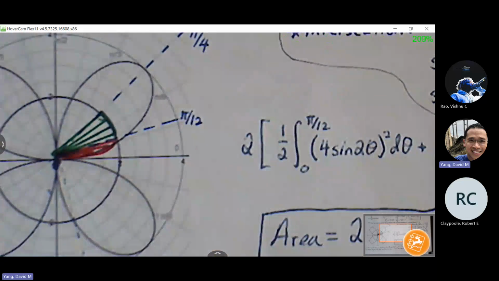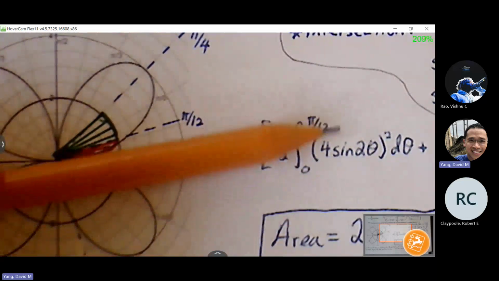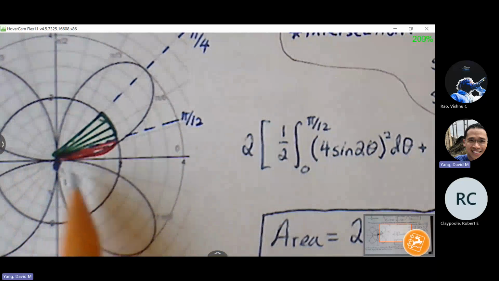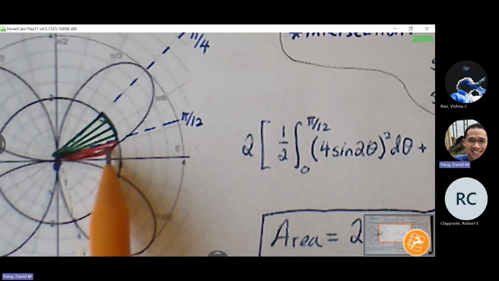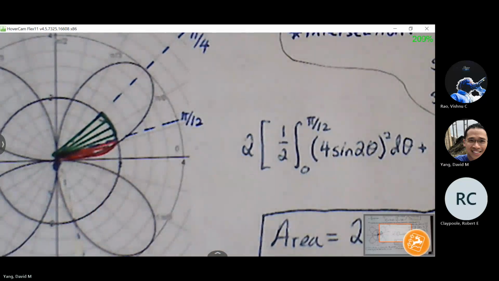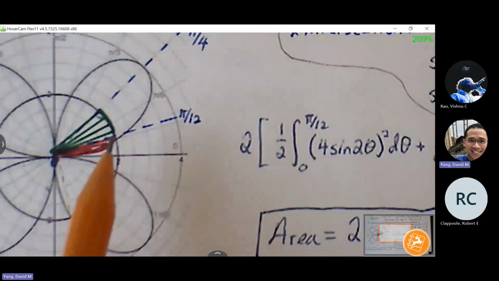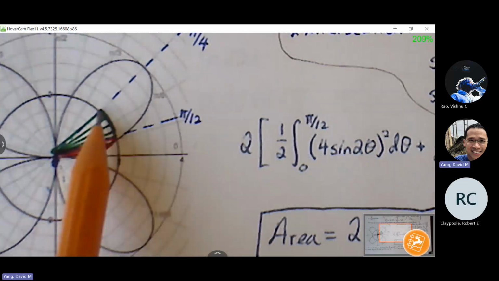That means from 0 until pi over 12, we're hitting the petal, the rose curve. And then from pi over 12 onward, we're hitting the circle.